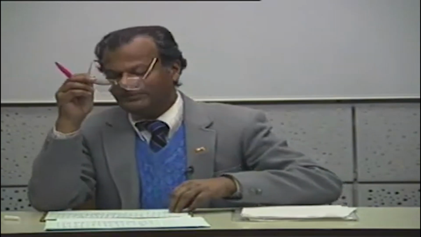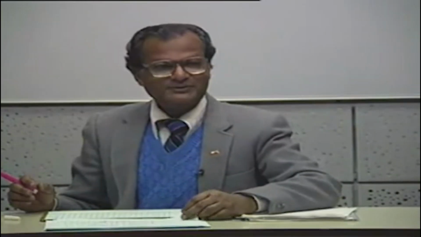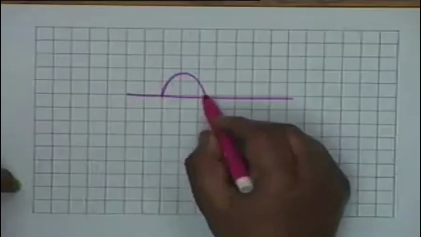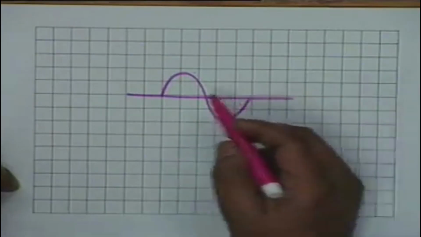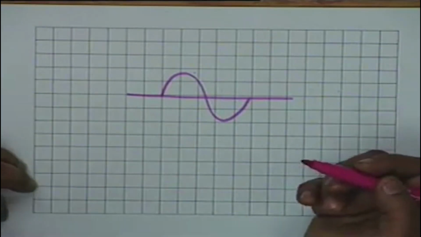What is the average value of a sinusoidal waveform then? It is 0. If you take a sine omega t, for example, the average value of the positive half and the negative half cancel, and the average value is 0.